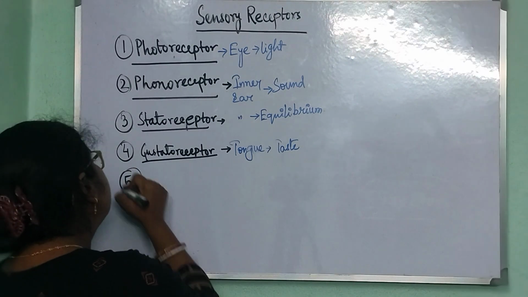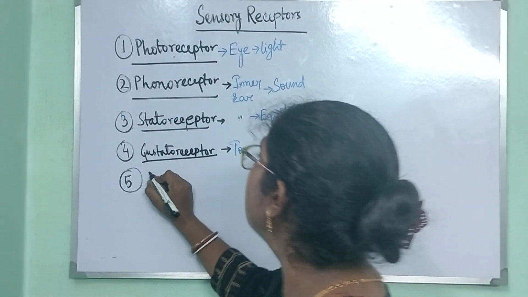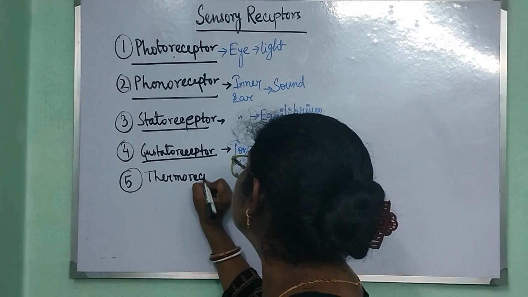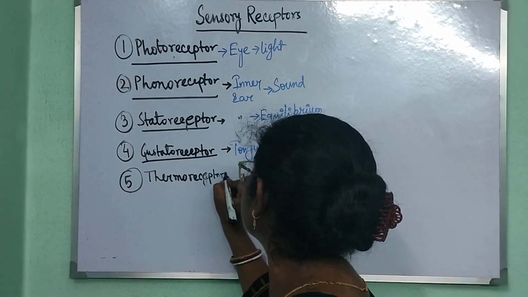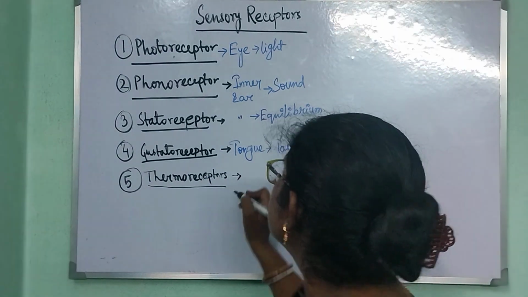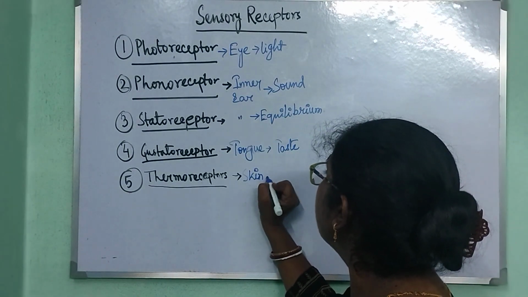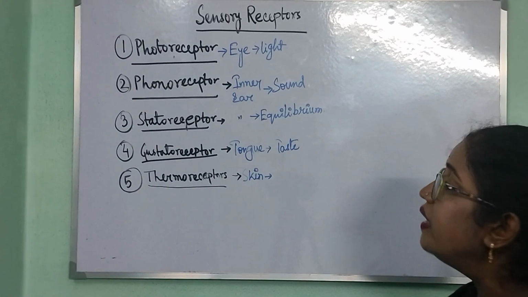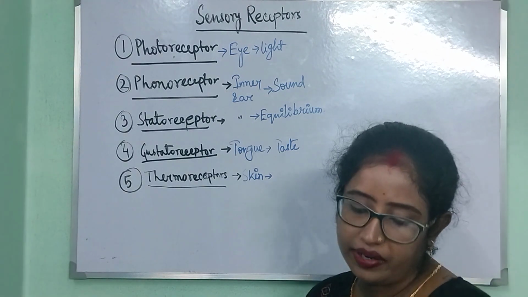Now we come to the fifth receptor. The fifth kind of receptor is the thermoreceptor. The thermoreceptors are situated beneath our skin, and these thermoreceptors help to detect the heat or coldness of the environment.